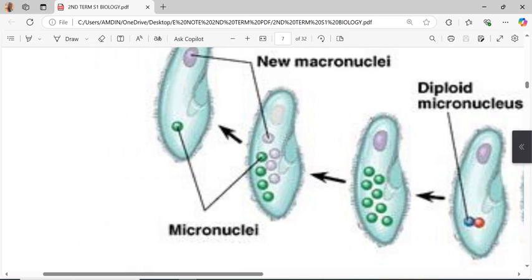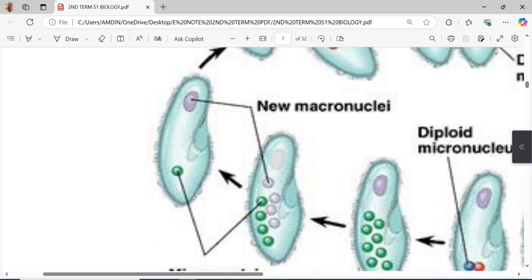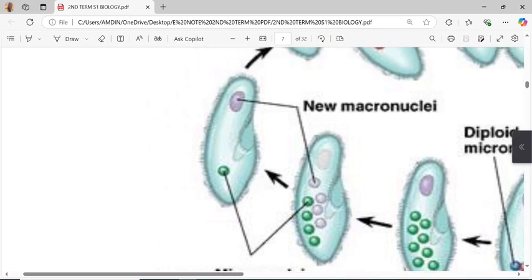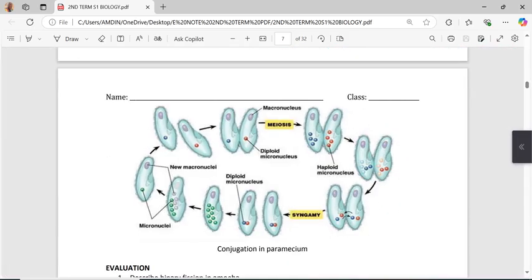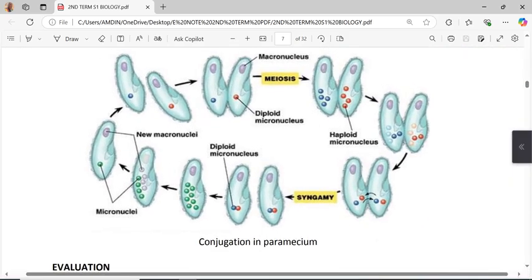Of the 8 nuclei, four form the meganucleus, and the other 4 form the micronucleus. When the conjugants separate, they will divide and form new daughter cells. So this is conjugation in paramecium.